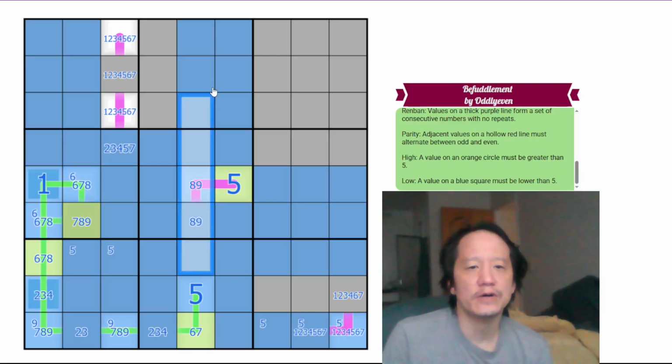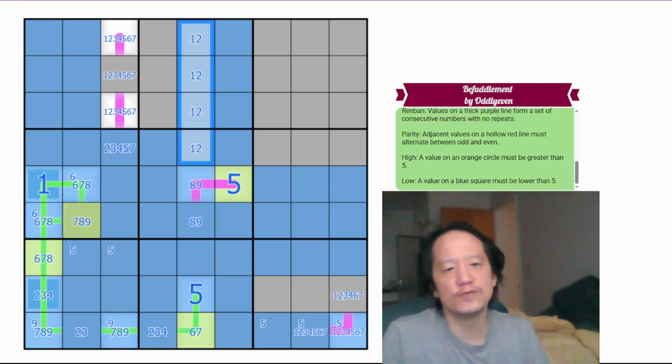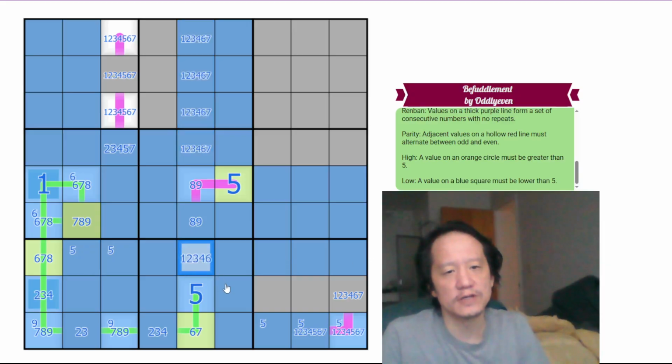Rest of column 5 is 1, 2, 3, 4, 6, 7. Okay, that doesn't tell us much.